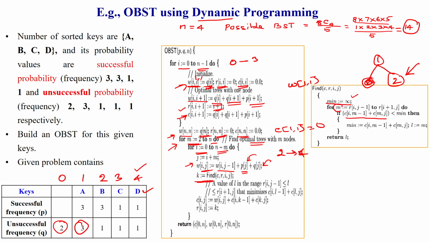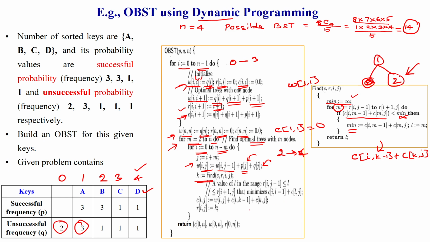Here we are using m, but in our formula we will use the k value. Okay, c of i comma k minus 1 plus c of k comma j. So like this I used it in my formula. Then if the minimum is less than infinity, I have to consider the minimum to be this value.